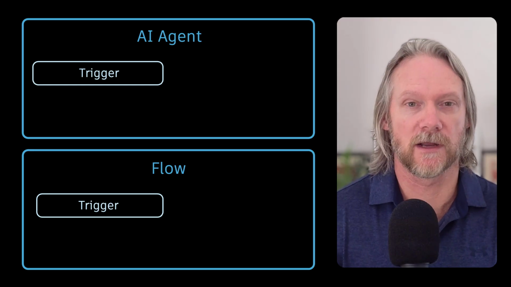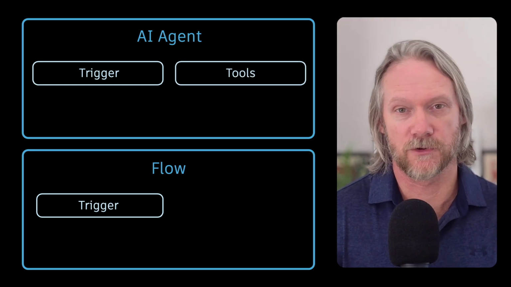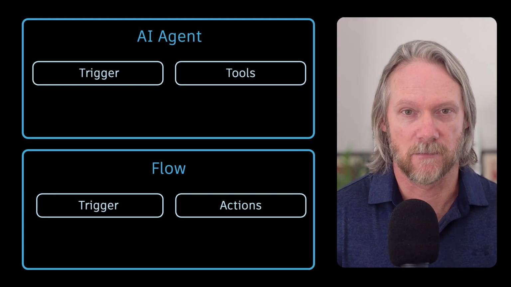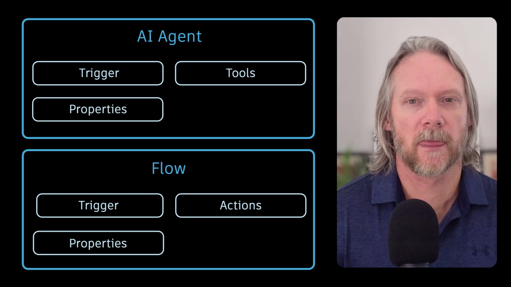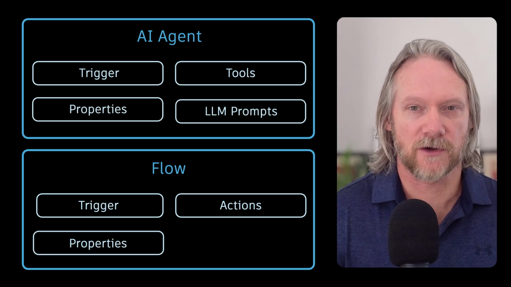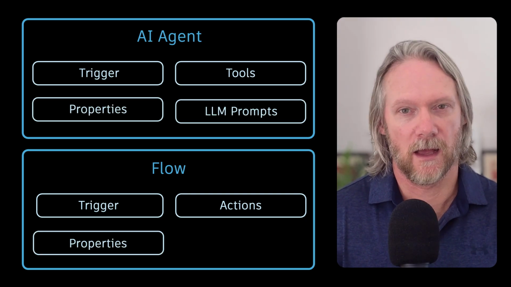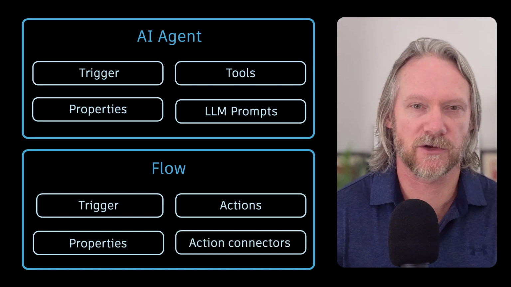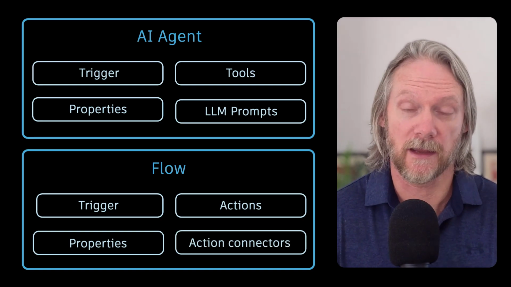So like a flow, an agent has the following. It has a trigger, just like a flow does. It has tools, which you could compare to actions in flows. It has some output and logging properties. And the instructions to the LLM, which if you look at a flow would be the connectors between the various actions, which are then clearly defined.